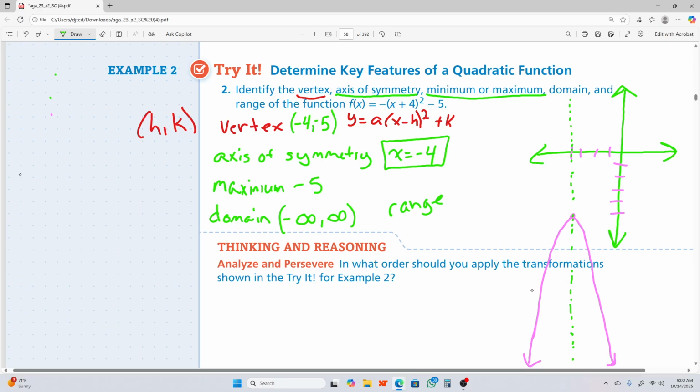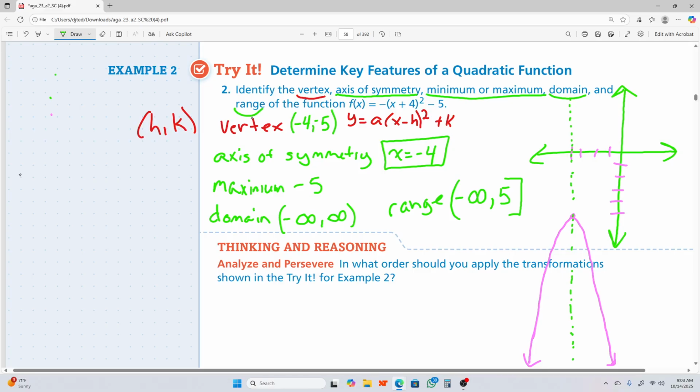It goes up, it stops at -5, and it goes back down. So our range is from -infinity up to 5. And on that 5, we give it the bracket, and on the -infinity, it gets the parentheses, and this both gets in parentheses. So domain and range.